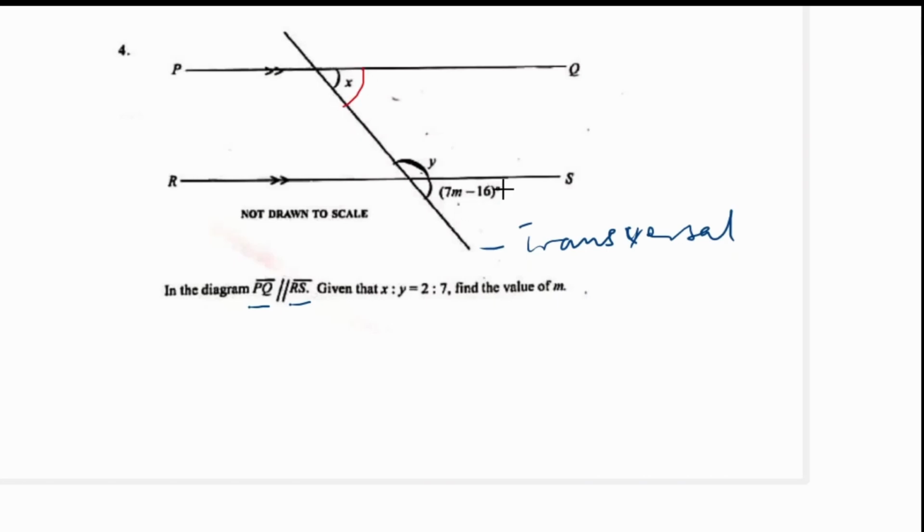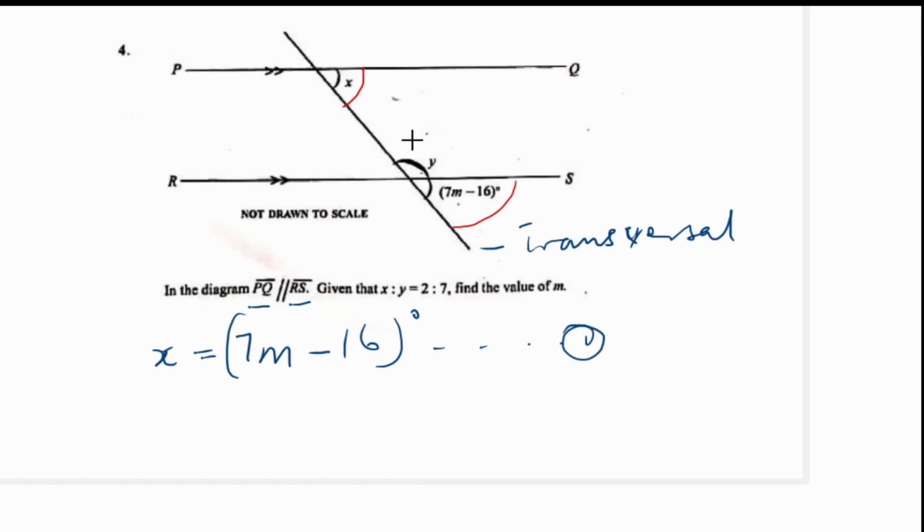These and these are corresponding angles, and the corresponding angles are congruent or equal. So that means x will be equal to 7m minus 16 degrees. Yes, we can make that equation 1 because we will come back to it.